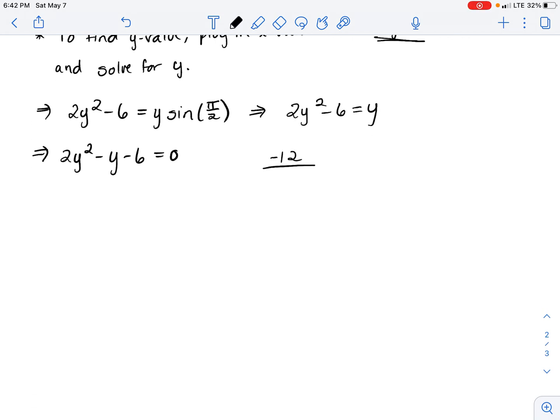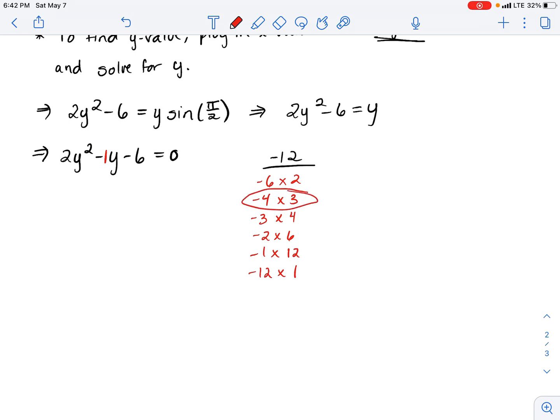And now I'm trying to think of factors of negative 12 that are going to add up to negative 1, because that's the number in front of y. So thinking about this, I should come up with negative 6 and 2, negative 4 and 3, negative 3 and 4, negative 2 and 6, negative 1 and 12, 12 and negative 1.